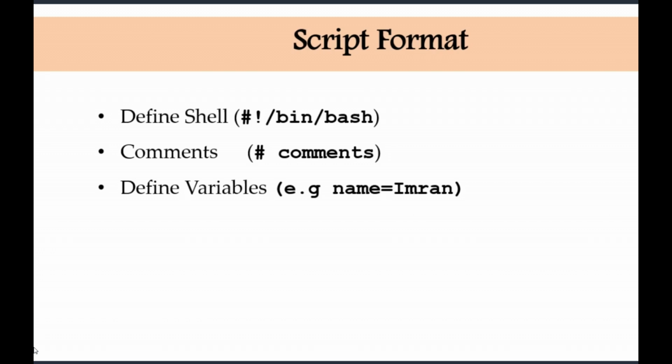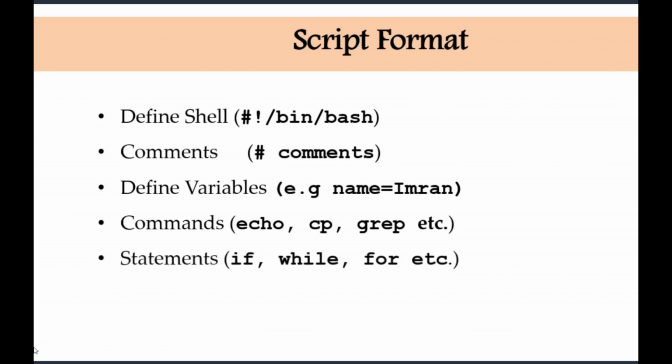So define your variables at the top after comments. Then you run the commands. Whatever commands you want your script to execute, you need to specify those commands. Or if you do not have commands, or if you have any statement scripts, that's where you put your statement scripts. Those statement scripts are if, then, while, for loop, and so on.